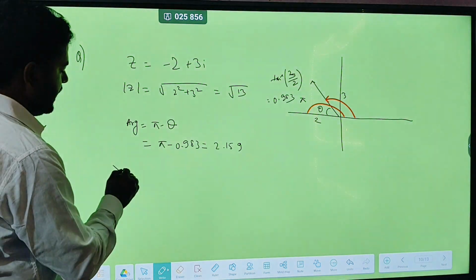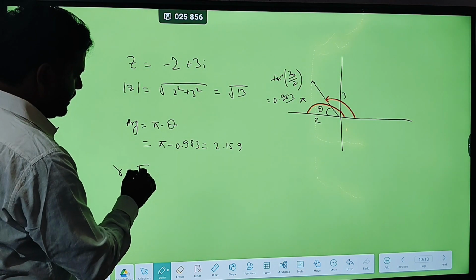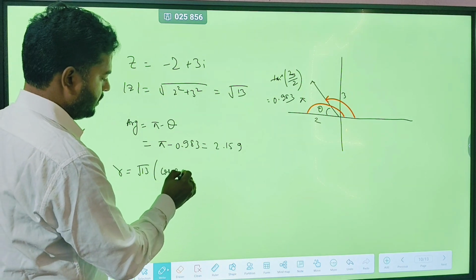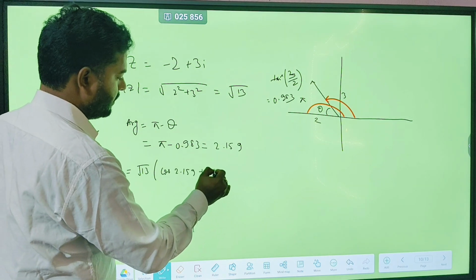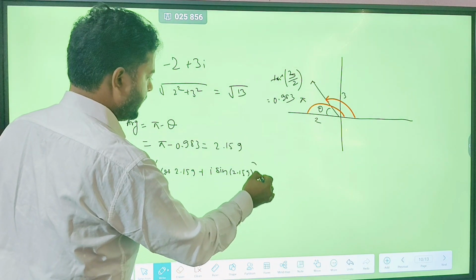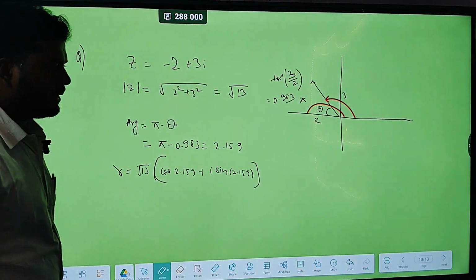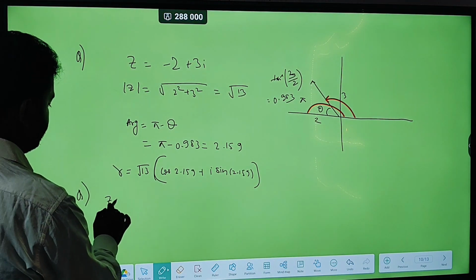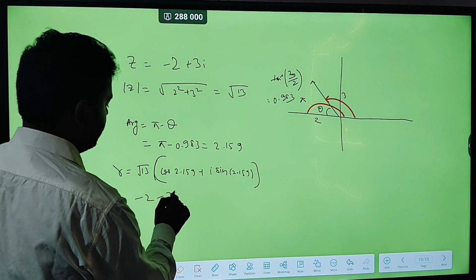And r will be mod z. So it is root 13 times cos 2.159 plus iota times sine 2.159.